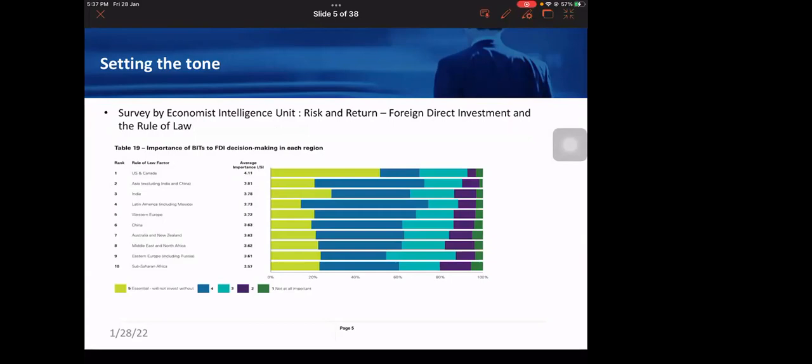Now, do BITs really play a role in attracting FDI from a developing country standpoint, or even from a developed country looking to attract investments, like Ireland or Hungary? What is the importance of bilateral investment treaties for decision making?